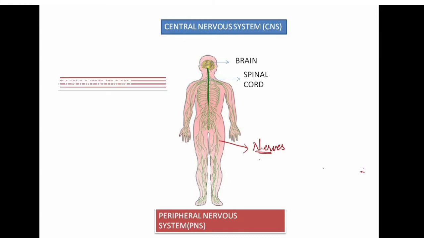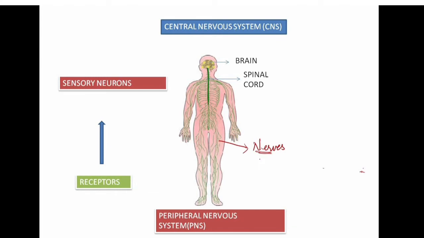Now, you have heard about sensory neurons. First we are going to discuss the types of neurons. The first one is the sensory neurons. Sensory neurons are present in the receptors. Receptors are the cells present in the sense organs. Sensory neurons I have given the same color as the peripheral nervous system because they are part of the peripheral nervous system.